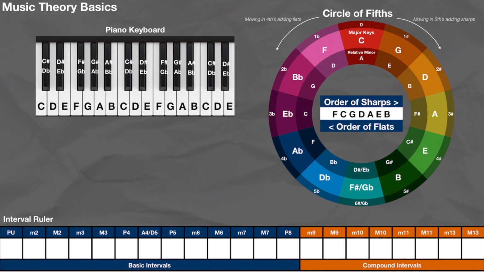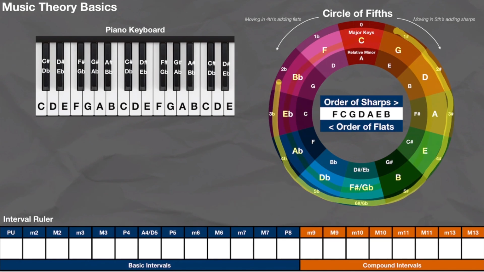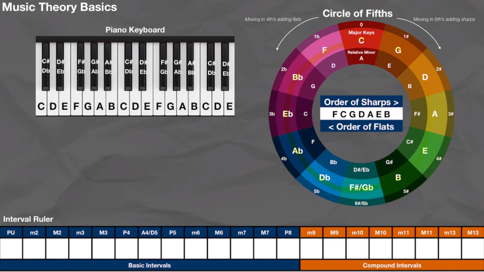So looking at our circle of fifths, we've looked at the key centers right around here. And we've also looked at the sharps and flats that consist of those different keys. But what about this middle section, right? This middle section is the relative minor of our major keys. What is a relative minor?